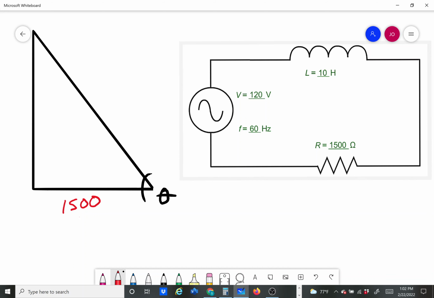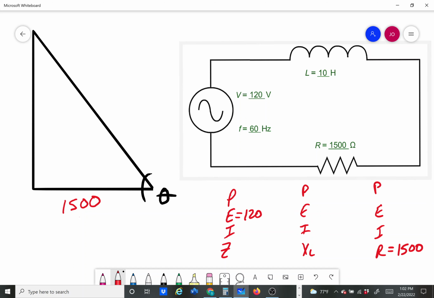So we're going to figure out everything that we can. We're going to do P-E-I-Z for impedance, P-E-I-X-L for inductive reactance, and P-E-I-R for the resistor, and the resistor value we know is 1500 ohms. And we know our source voltage is 120 volts.